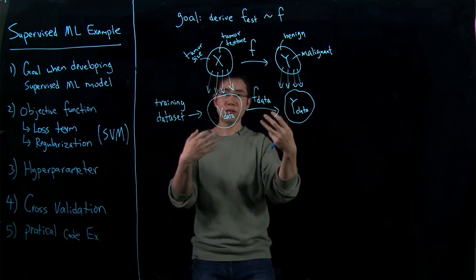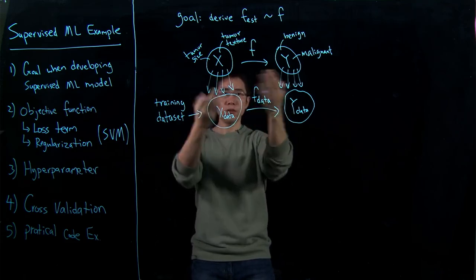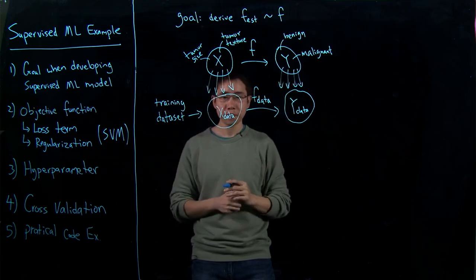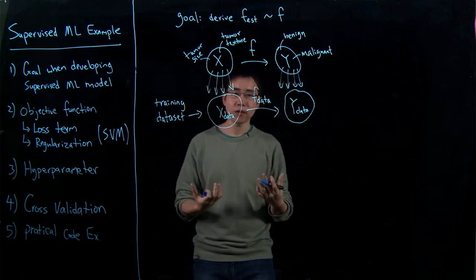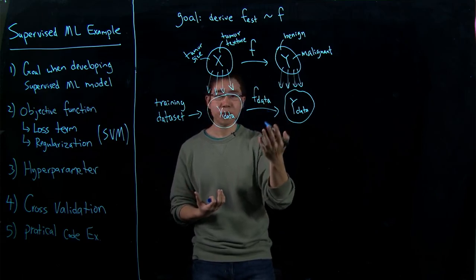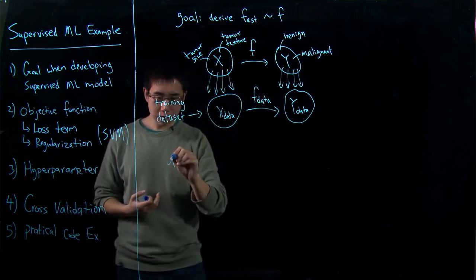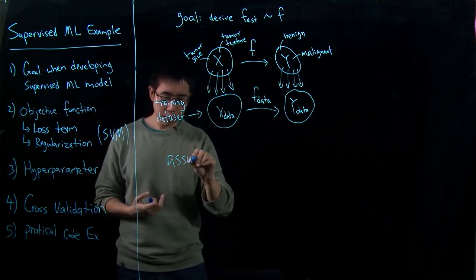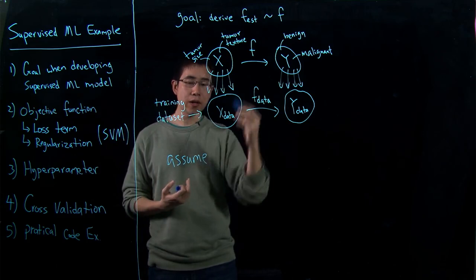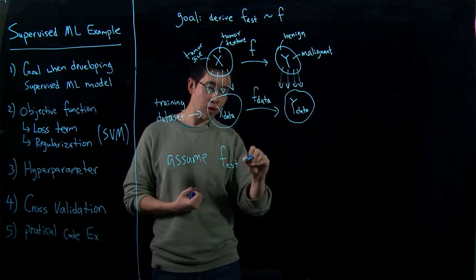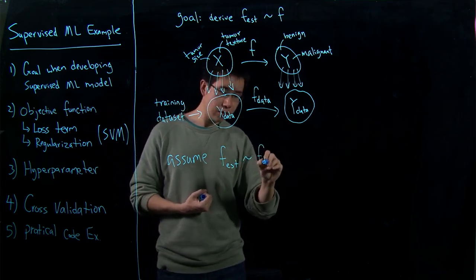Because f data is like a subsample of X and Y, the function that describes X and Y. And we will talk later on how this assumption may not be the best. But for now, let's just assume that we need to find an f estimate that approximates f data.